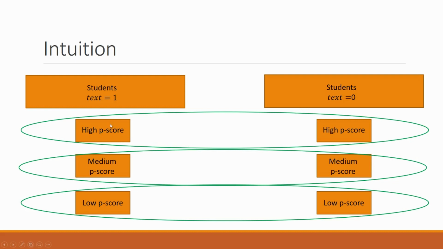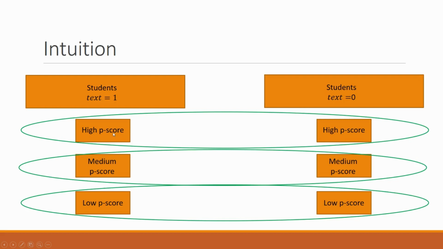The p-score is the probability of being in the treatment group. We're going to calculate p-scores for the entire sample, for all the treatment and control students, and then match students in the treatment group to students in the control group based on their p-score.